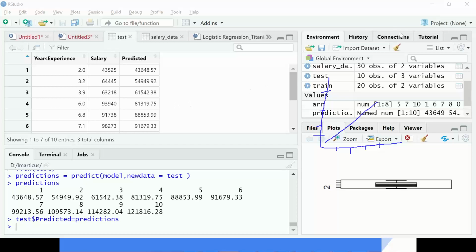Okay, I'm just making you the presenter over here. Yep, you can share your screen now.